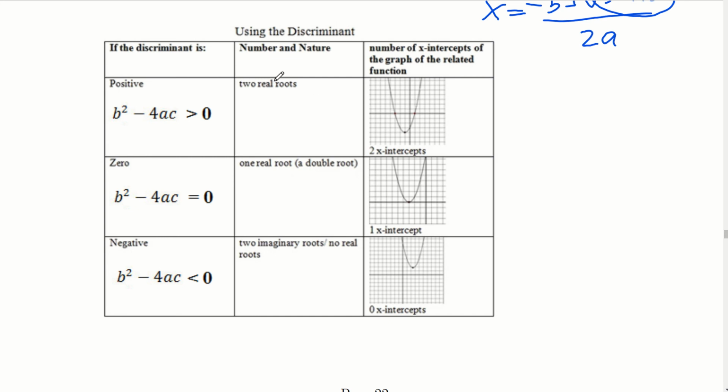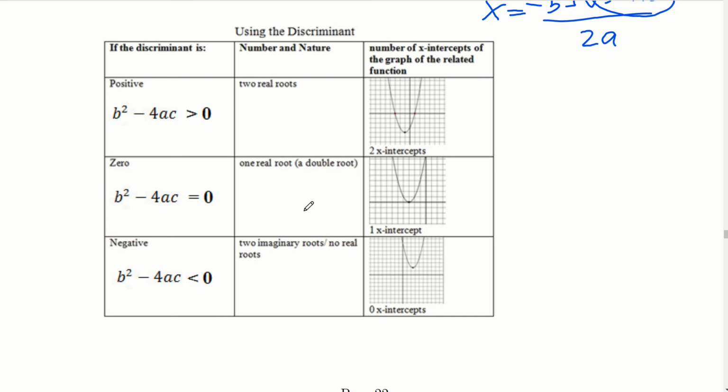If the discriminant is equal to 0, then we get one real root, which is sometimes called one real repeated solution. And if the discriminant is negative, if b squared minus 4ac is less than 0, then we get two imaginary roots. Visually, the graph of the associated quadratic would lie entirely above the x-axis or entirely below, but it would never cross.